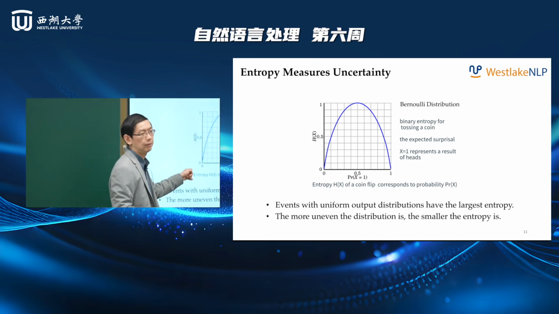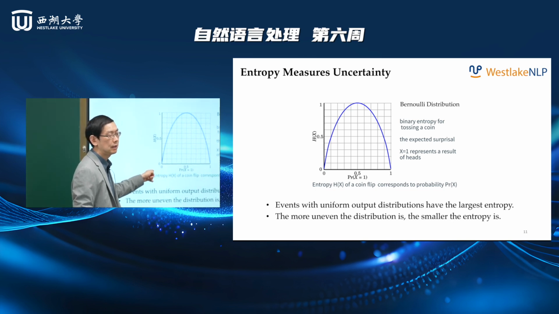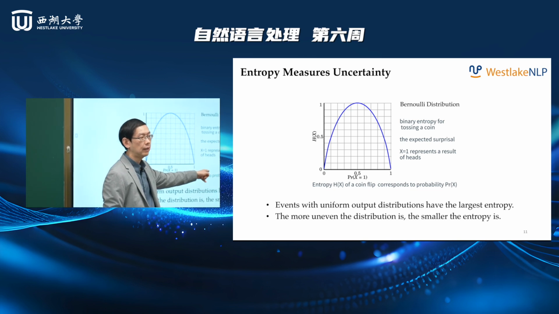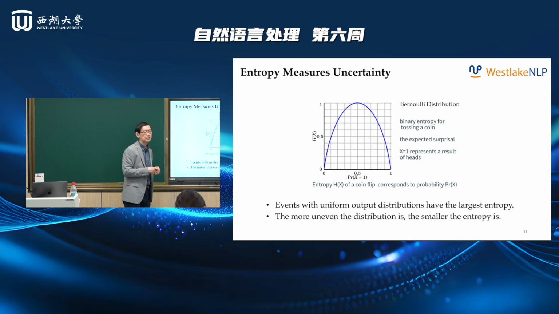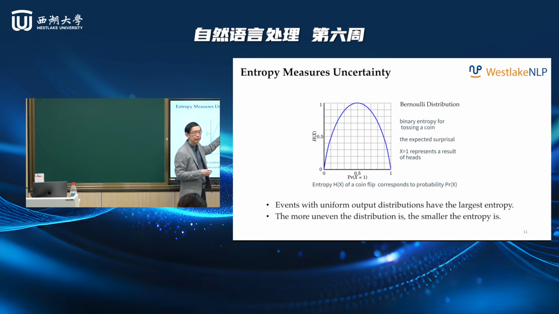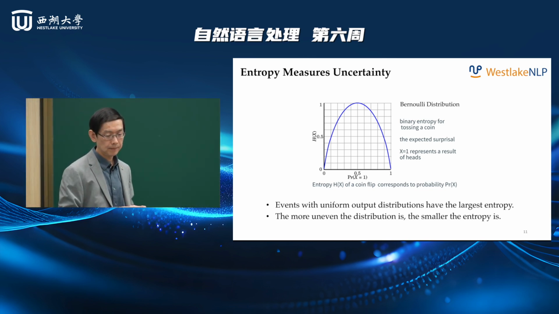You get no information if I tell you it must be tail. Similarly, if the probability of head is 1, and I tell you it's a head, you get no information. The entropy will rise if the probability of head grows from 0 to 0.5, and reach the maximum if the probability is 0.5.